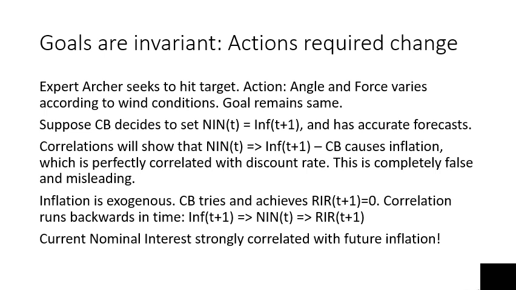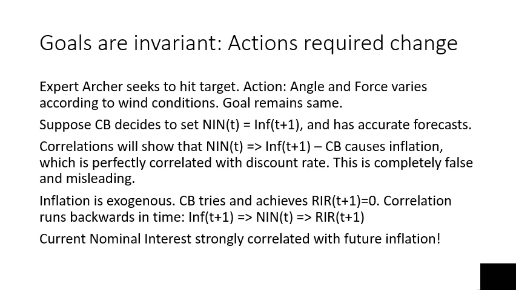Then it will start setting current interest equal to inflation in the future, and now the path diagram will show that current nominal interest causes inflation in the future, and this is radically different from the truth. The truth about causality is that inflation is exogenous, and the central bank is trying to set nominal interest to make real interest 0. But the correlation structure will show that the central bank actually drives inflation. The decisions of the central bank are causing inflation.